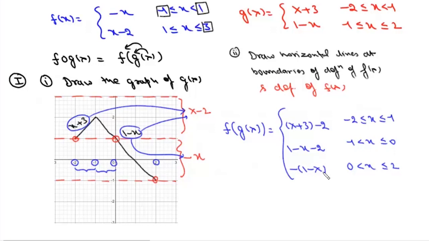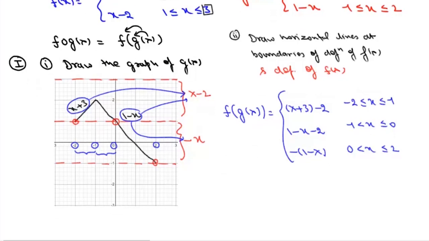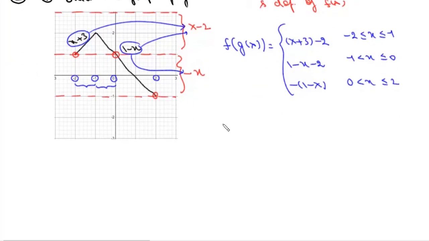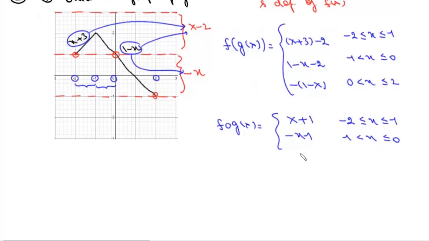So basically f of g(x) will be x plus 1 when x lies between -2 and -1. It will be minus x minus 1 when x lies between -1 and 0, and it will be x minus 1 when x lies between 0 and 2.